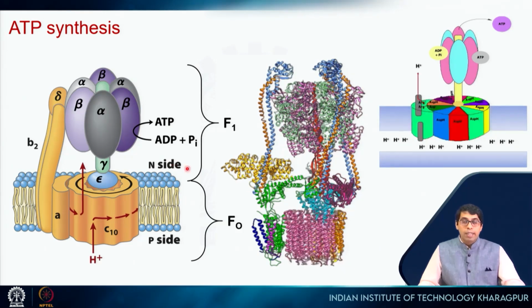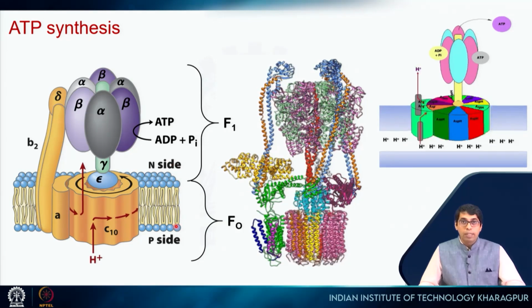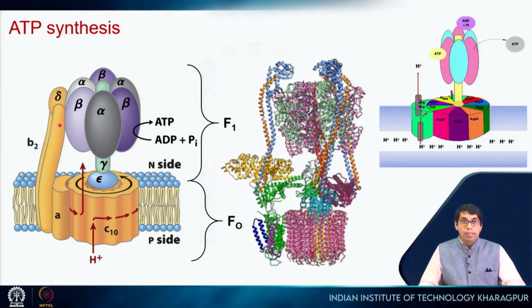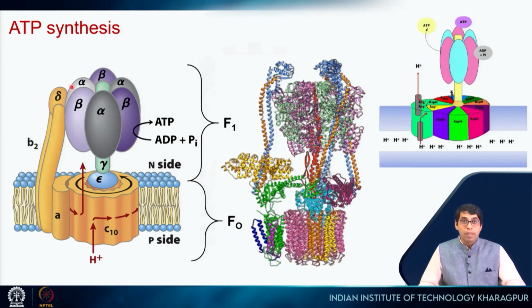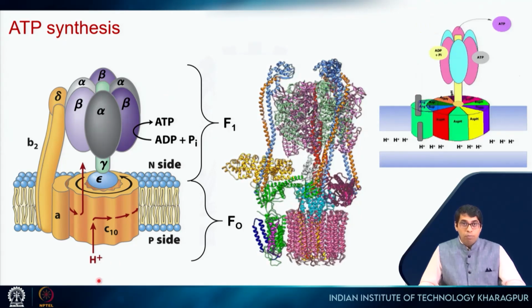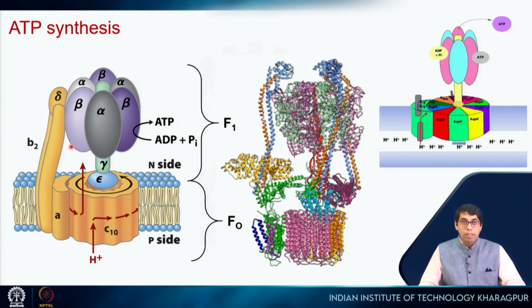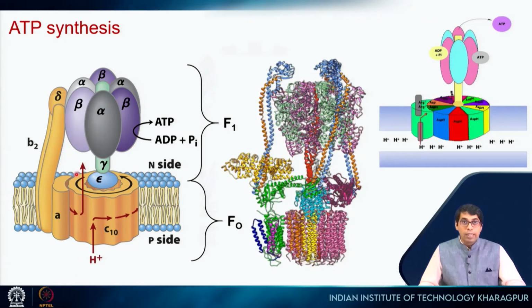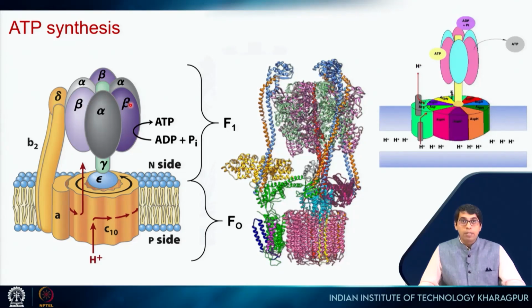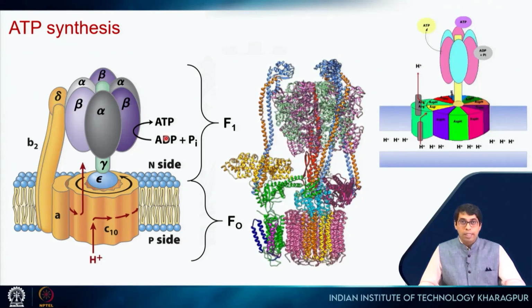So, the ATP synthase looks something like this. There is a transmembrane region, and there is this part which is in the matrix side. It will allow proton diffusion from this side to this side. So, this is along the gradient, and while this happens, these beta subunits will synthesize ATP.